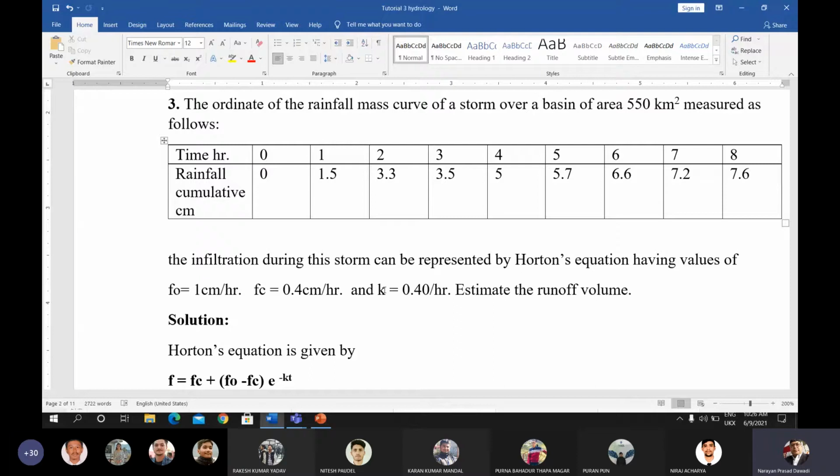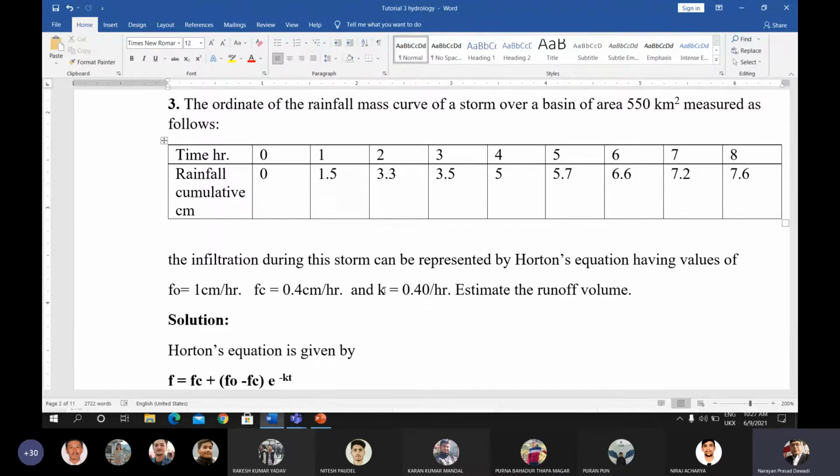What will be the total volume of the surface runoff that will not infiltrate into the ground, produced by this rainfall over the catchment area of 550 square kilometer? This is the question.